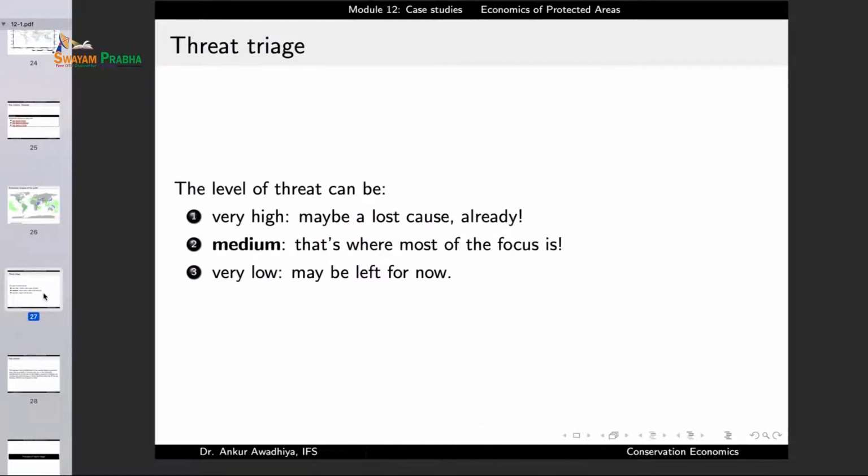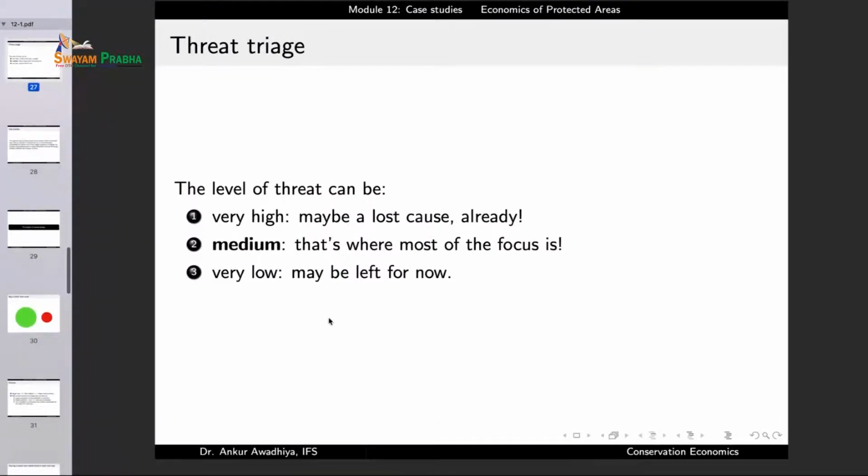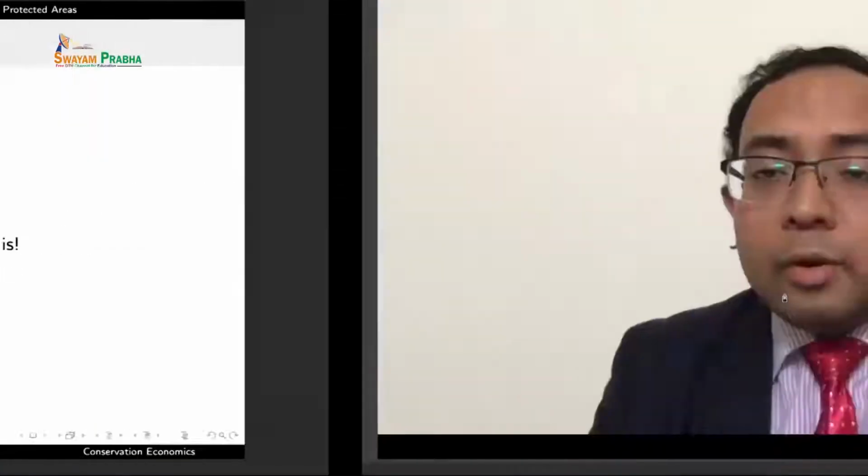And in this case, we should also have a look at the threat triage. If there is an area that has a very high degree of threat, then probably it's already a lost cause. Because by the time you would be able to convert this area into a protected area, and set up mechanisms for its protection and habitat management, because of the high level of threat, it would probably already have been taken over.